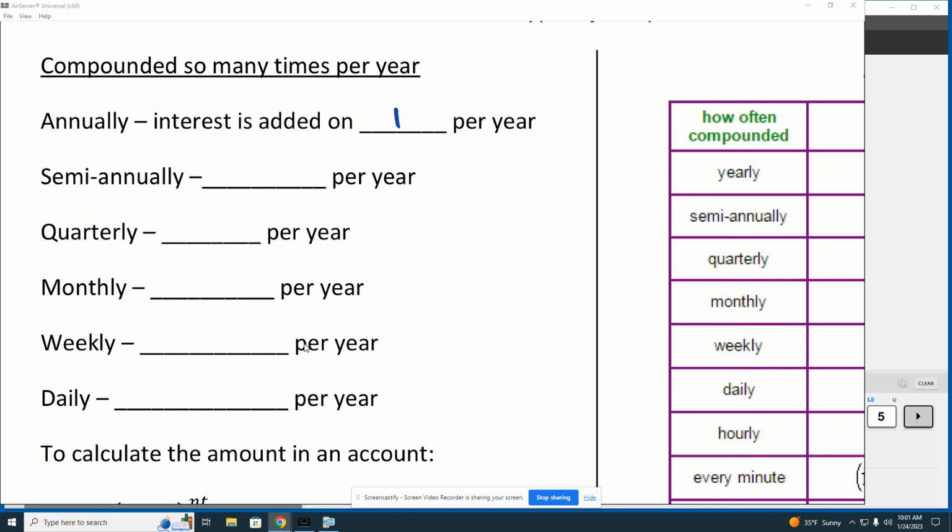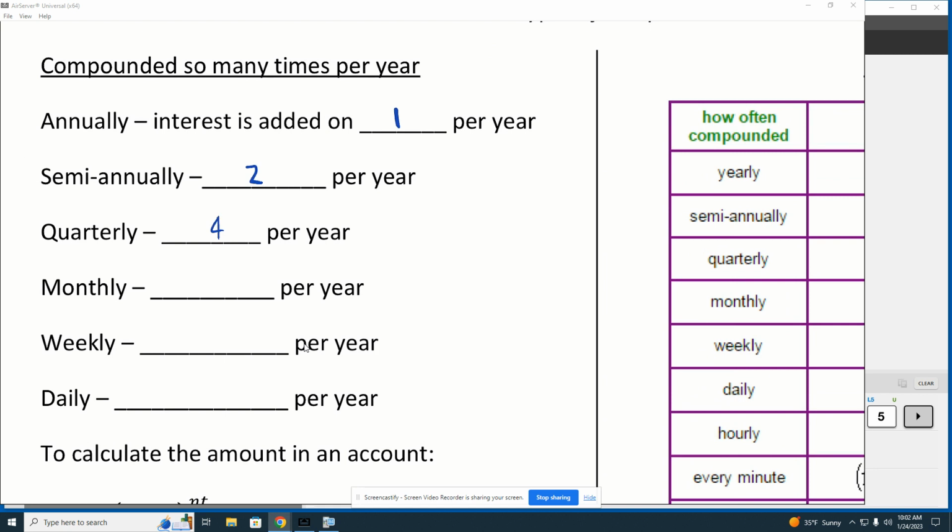So here are the different terms that we're going to use. Compounded semi-annually. How often do you think that happens? If it says semi-annually, it means 2 times per year. What do you think it means if it says quarterly? Yeah, 4 times. Y'all know quarters. 4 times per year.